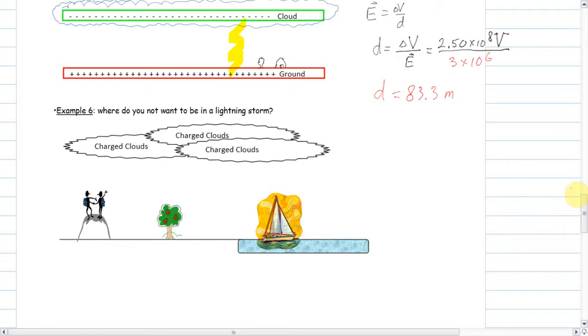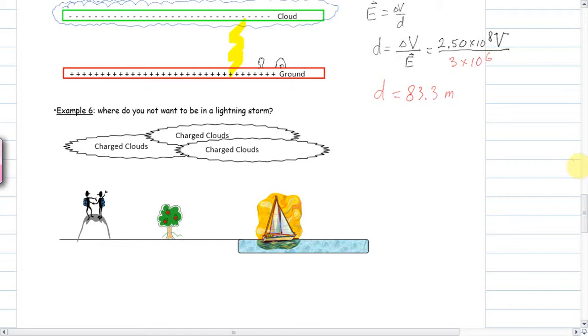Anything that points up to the sky, you want to avoid. Even if it's an insulator, you want to avoid that. You don't want to climb a tree or sit underneath the tree. You don't want to be sitting in a boat with a nice metal mast pointing to the sky.